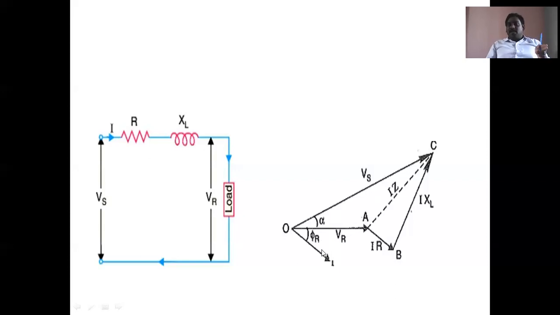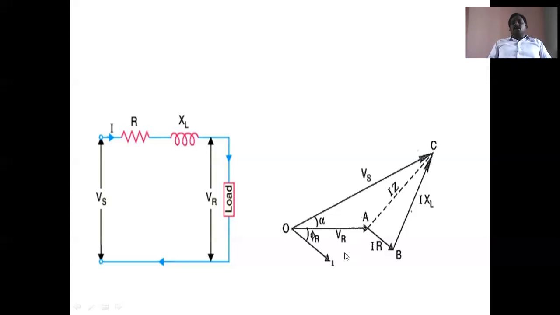Alpha plus phi r is the power factor angle between the sending end voltage phasor and the sending end current phasor. That's why the sending end power factor angle, represented with phi s, is equal to alpha plus phi r. Then the cosine of the angle between the sending end voltage phasor and the sending end current phasor is called the sending end power factor.